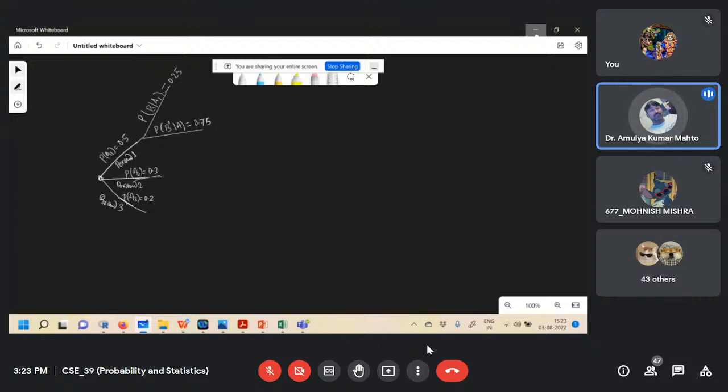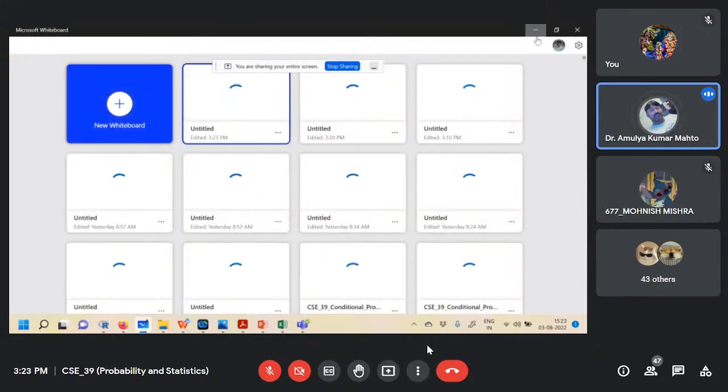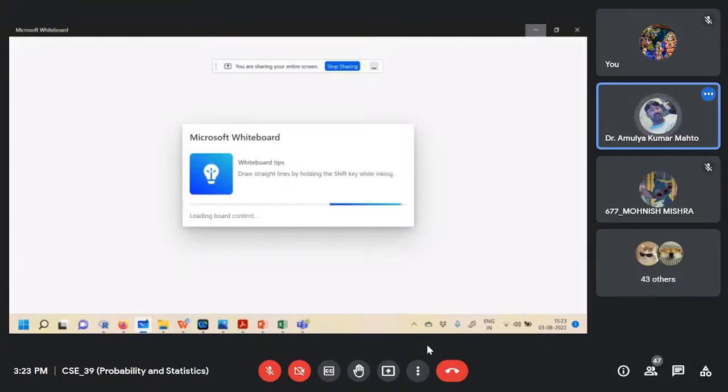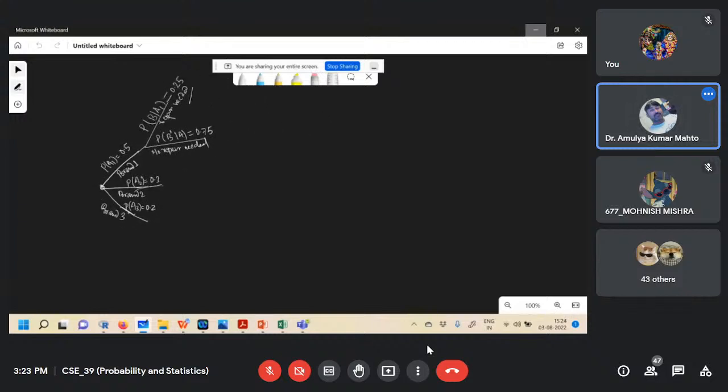So this is a scenario where no repair is needed, and this is a scenario where repair is needed. Got it? Right? Then instead of back, I click the other one, the home button.